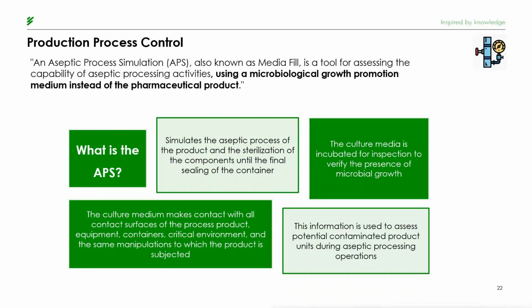It is incubated to later inspect it and verify the presence or absence, obviously, of microbial growth. Ultimately, this information is going to be used to evaluate possible contaminated product units during the aseptic processing operations.